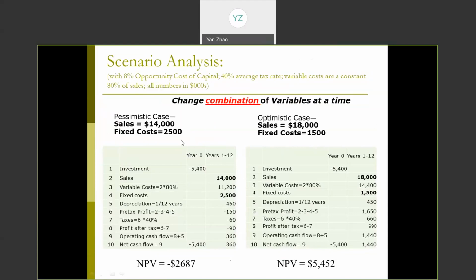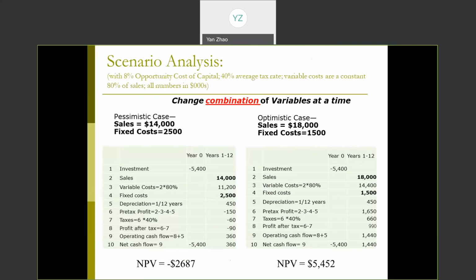Okay? So in the pessimistic case, sales number will be lower. Instead of $16,000, you have $14,000. Fixed cost is going to be higher. So instead of $2,000 baseline model number, now we have $2,500 fixed cost. In the optimistic case, we will use the best numbers for all variables.